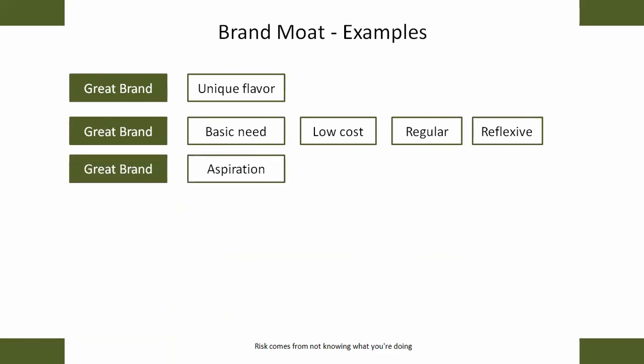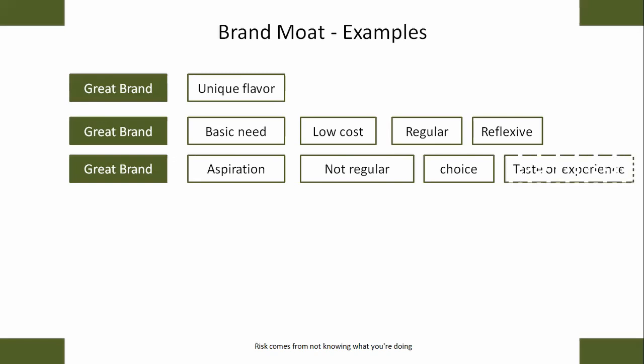Third could be, it is a aspiration based item. It is not used regularly, and there is a choice. You choose it whether you want to spend money or not, and it provides a particular taste or experience or feeling, right? For example, going to an expensive restaurant, you don't go frequently and you choose whether to go or not and which restaurant you go.